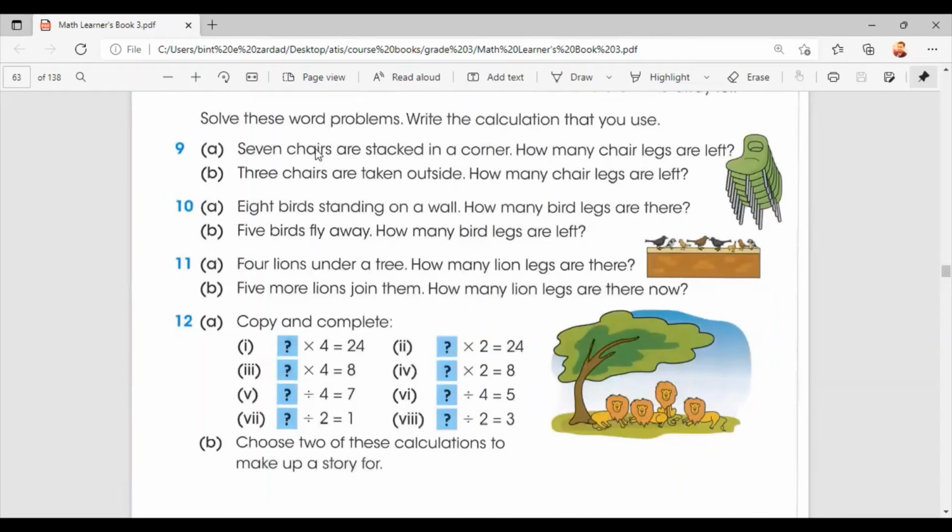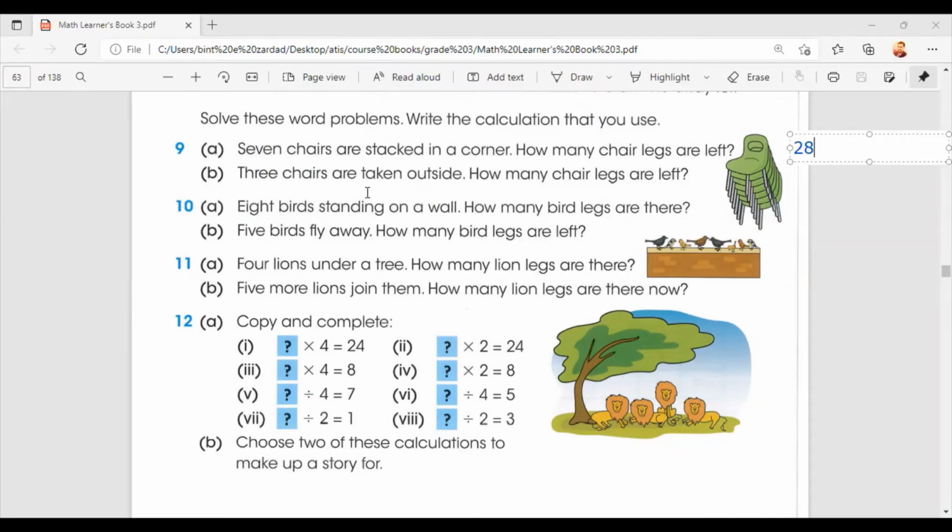Write the calculation. 7 chairs are stacked in a corner. How many chair legs are there? 7 chairs, and we know one chair has 4 legs. So 7 multiplied by 4 equals 28. 3 chairs are taken out.